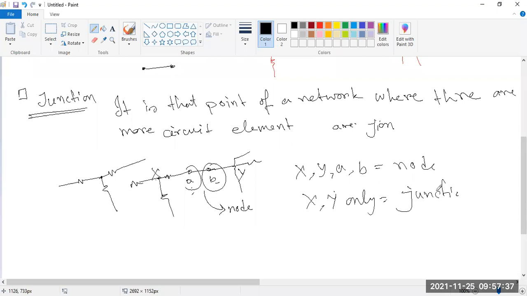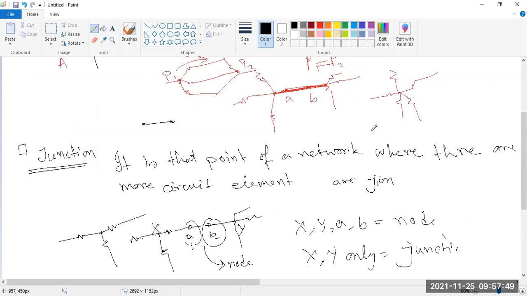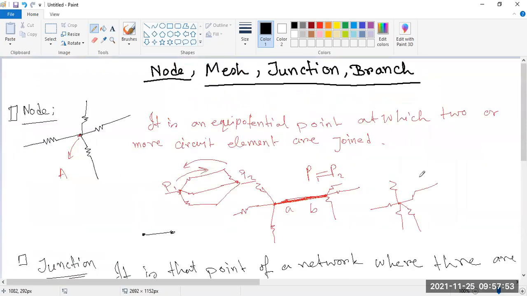Okay, look, this is the definition: it is that point of a network where more than two circuit elements are joined. You have to write it down. But in case of node, it is an equipotential point at which two or more circuit elements are joined.